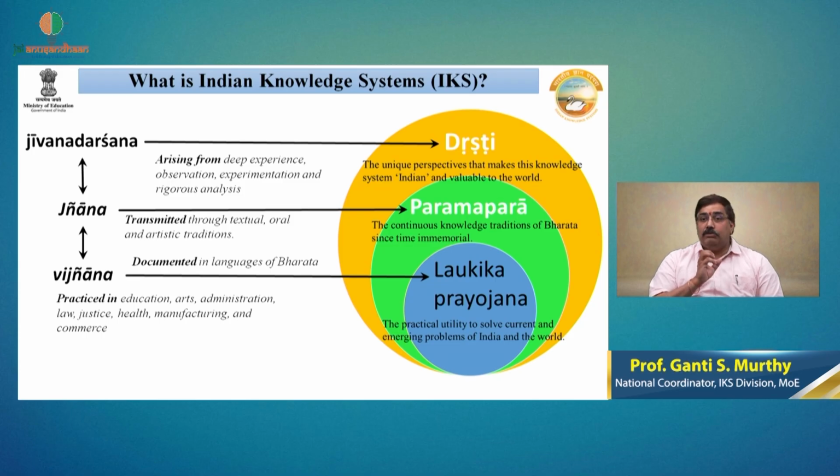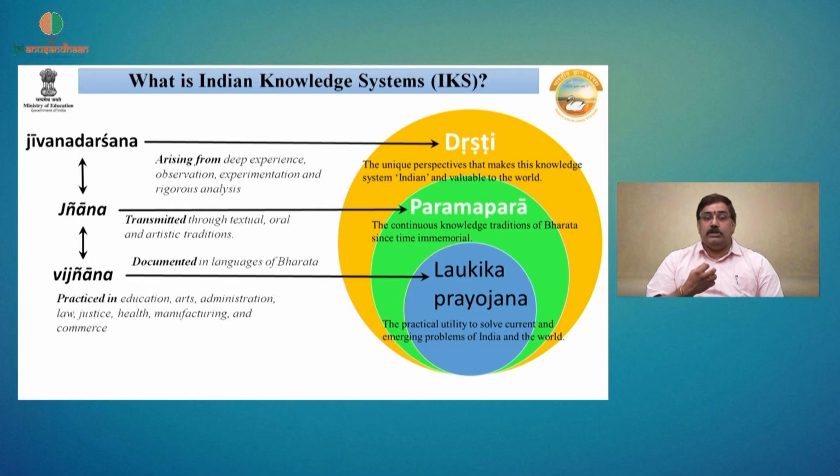From that Jivana Darshana essentially arises the Jnana, the knowledge which is transmitted through textual, oral and artistic traditions and is documented in all the languages of Bharat. And that leads to the parampara, because there is continuous transmission of knowledge. We also call it Jnana Dhara, Jnana Ganga, again referring to that continuous flow of knowledge.